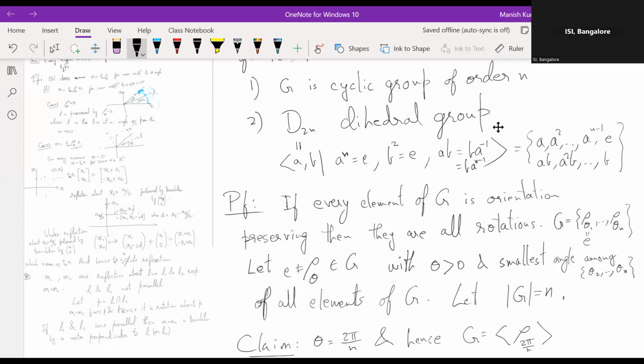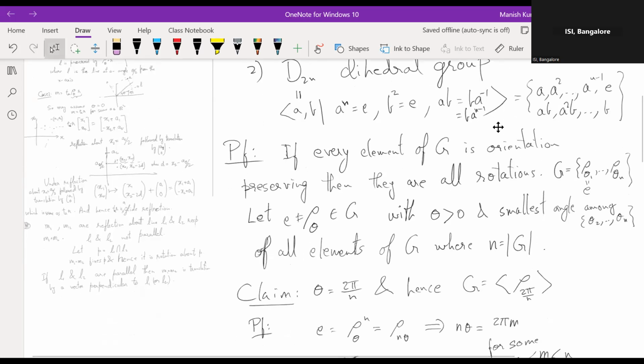And so we are assuming that the size of G is n, where n is the order of G. What we will show is that theta is going to be 2 pi over n, and of course then rho theta is a rotation by 2 pi over n.